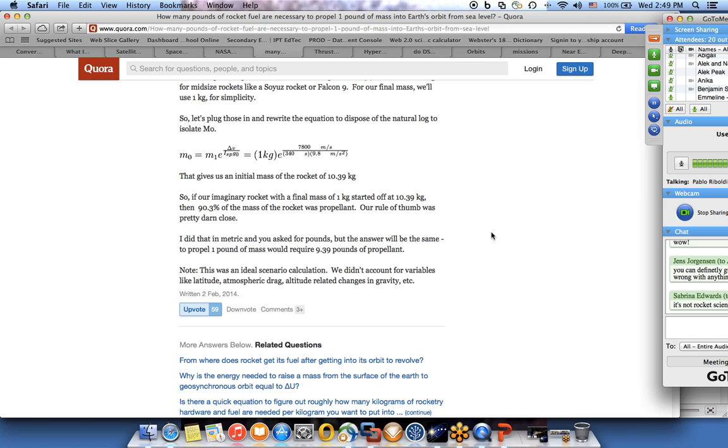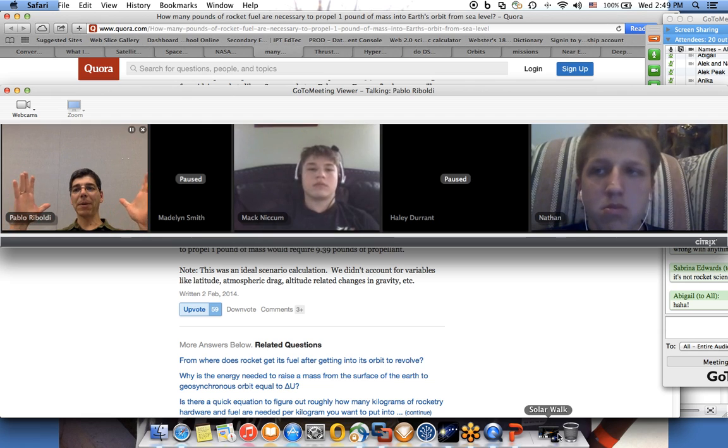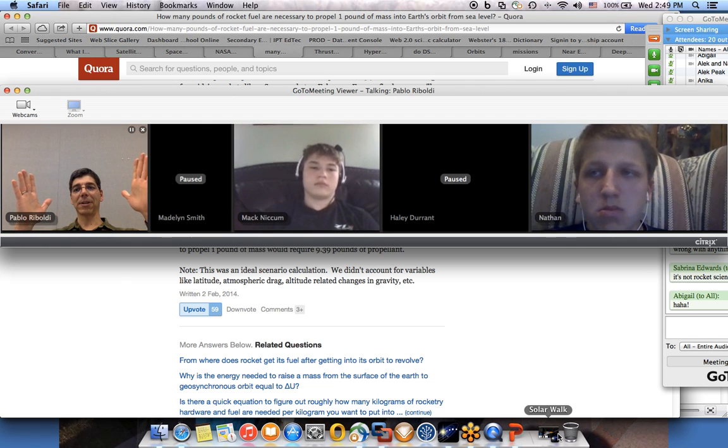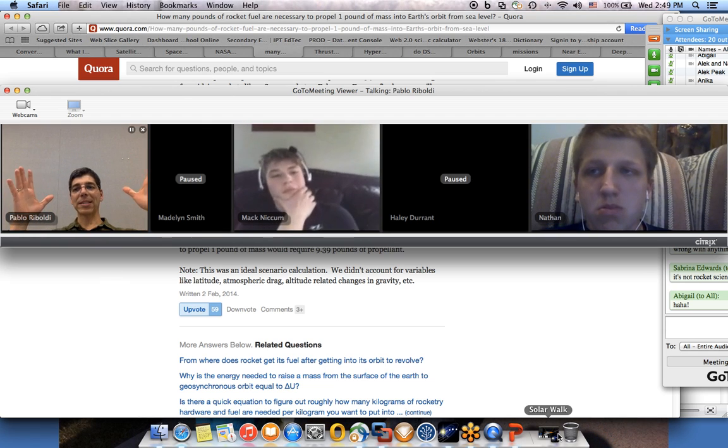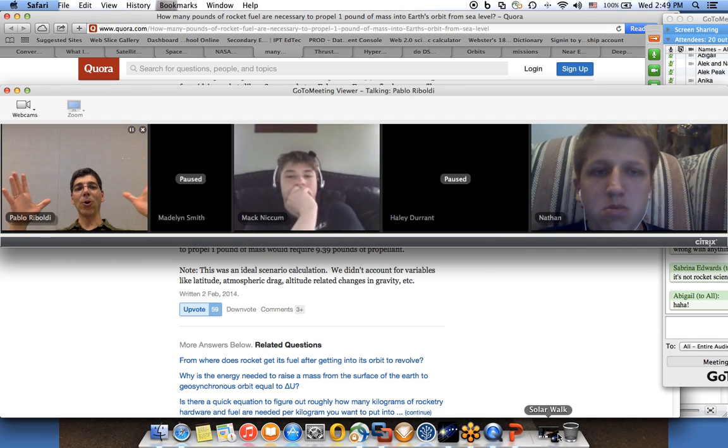And so as a rule of thumb, basically this guy says that about 90% of the mass of the rocket has to be propellant. So if the Firefly, let's suppose that we are going to design something that is not very big, okay, but about this size, a cube that size, it could be expanded with panels and so on afterwards.